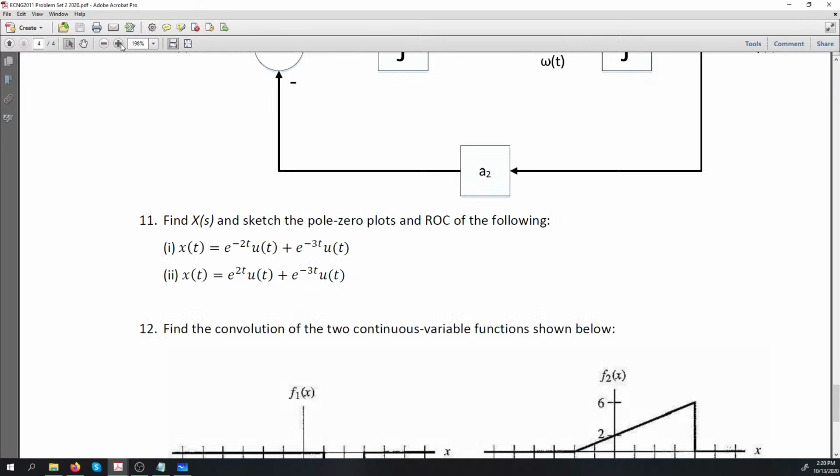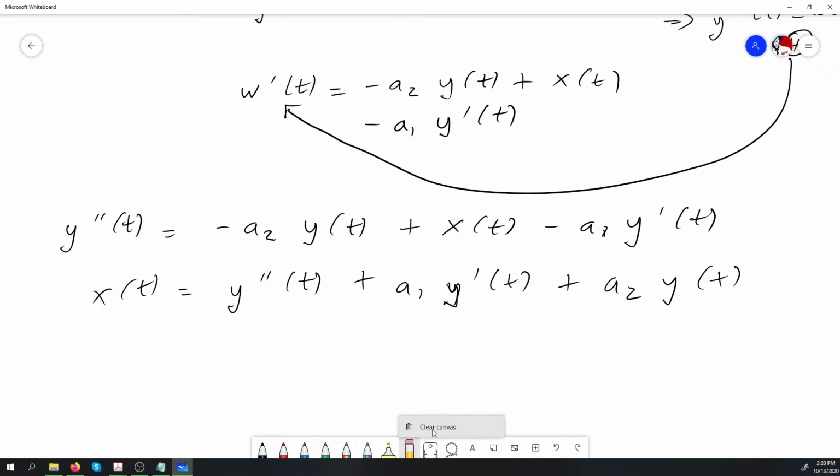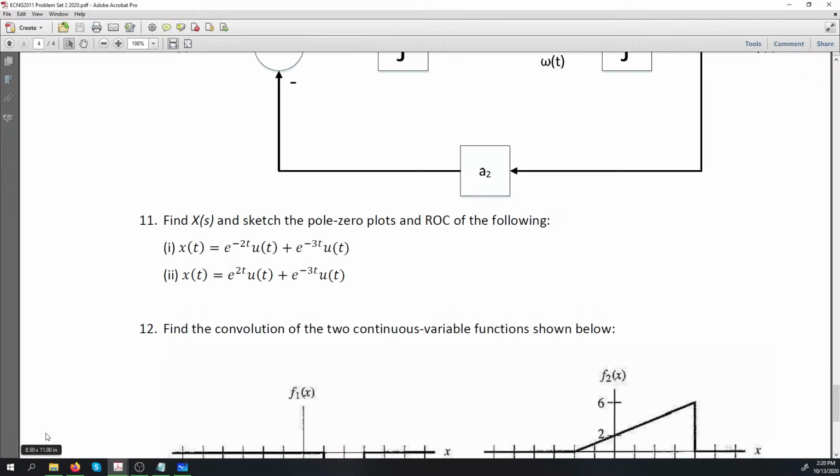So let's start with part 1, which is going to be x of t equal to e to the minus 2t u of t plus e to the minus 3t u of t. Let me make sure I have this equation.